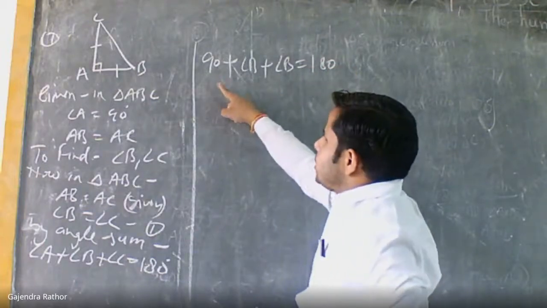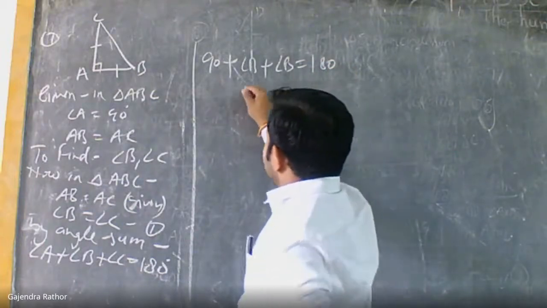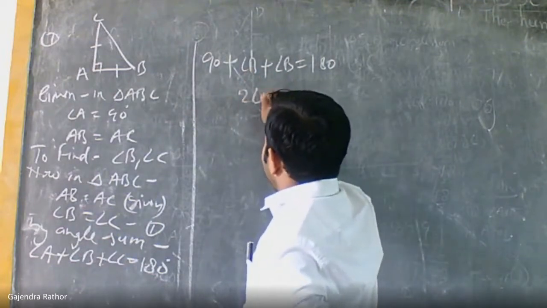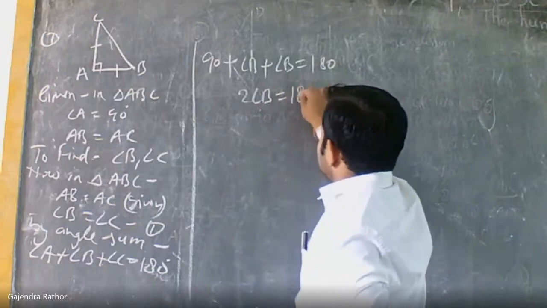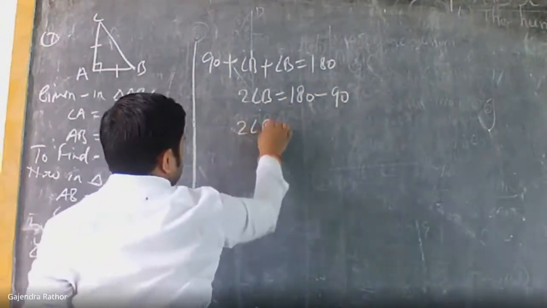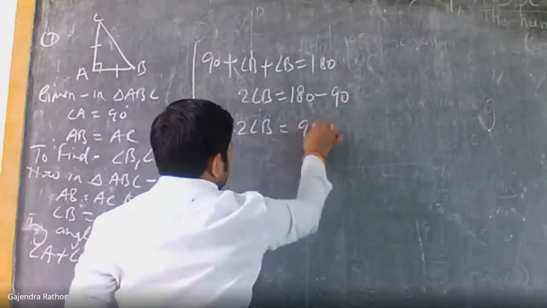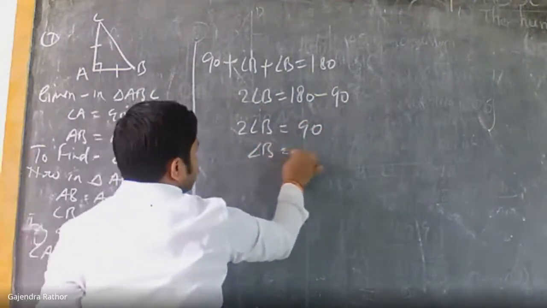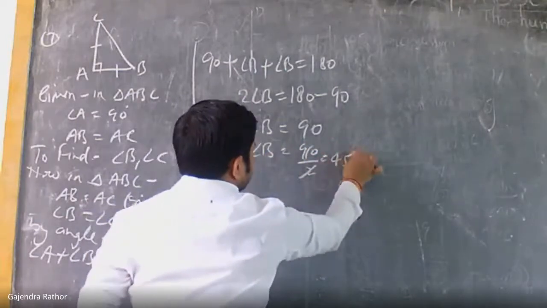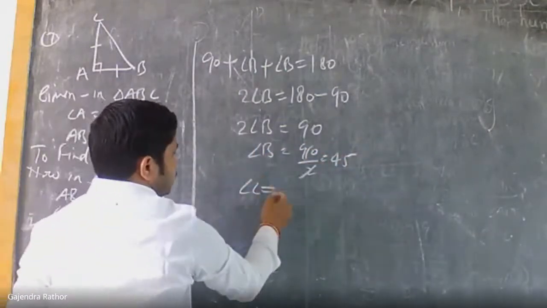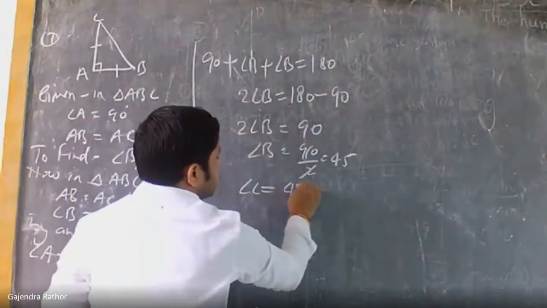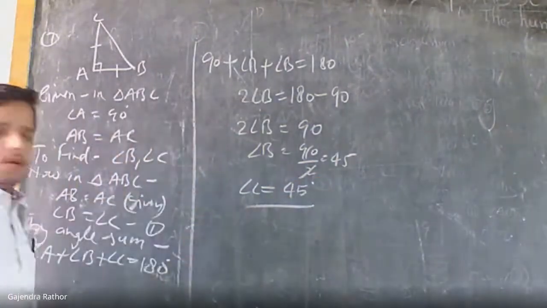Now transfer 90 to the RHS, and angle B plus angle B becomes 2 angle B. Now 180 minus 90, 2 angle B is equal to 90 degrees. Angle B is equal to 90 divided by 2, which is 45, and again C is equal to B. So the value of C is also 45 degrees.